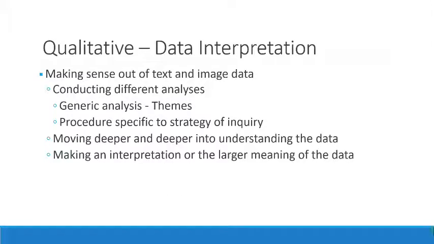All research requires interpretation. In the case of qualitative methods, text and image data is interpreted either looking for general themes or in procedures that are spelled out within the specific strategy of inquiry. In qualitative research, the idea is to achieve a deep understanding of the phenomenon, event, or population under study, looking at themes and determining the greater meaning of the data.